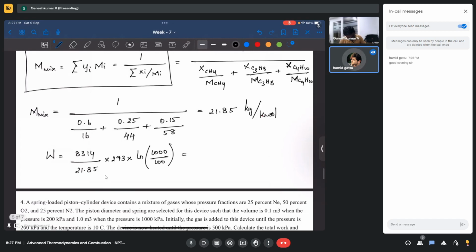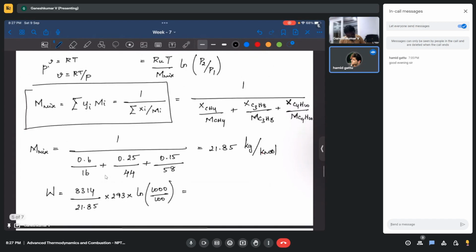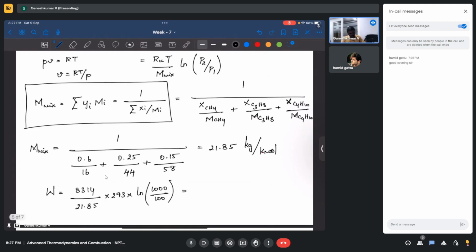Sir, why did we take R for air? Sir, we use R as 8314. No, sorry, this is R bar, the universal gas constant. Yes, exactly, this is R bar.